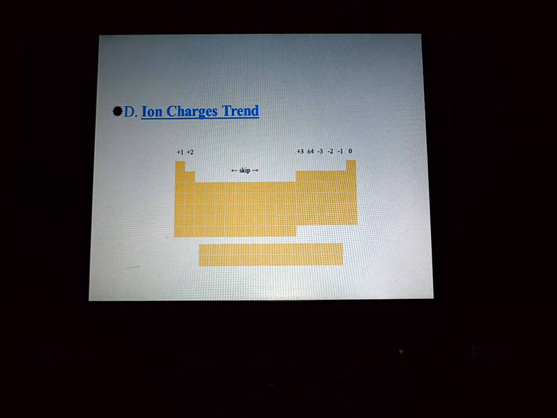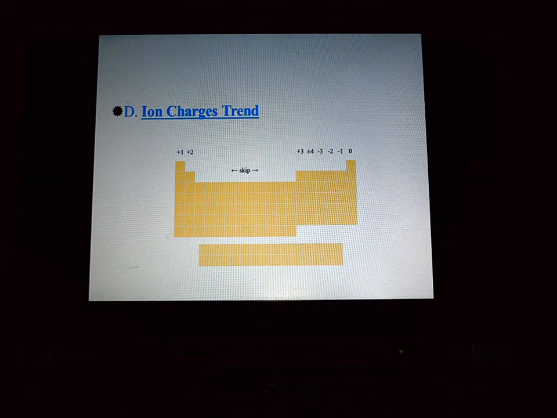Now, as I said, there's a trend. And that's really what you're expected to know, is the trend. And then from the trend, you say what any particular element has. So what you can see is over here, everybody in column 1 is going to be a +1 charge. They all had 1 electron in that last shell, so they're all going to lose that 1 electron and have a +1 charge. Everybody in column 2 is going to be a +2 charge.